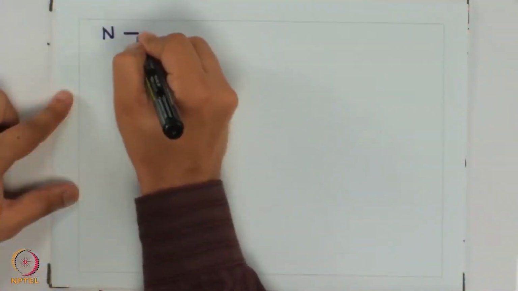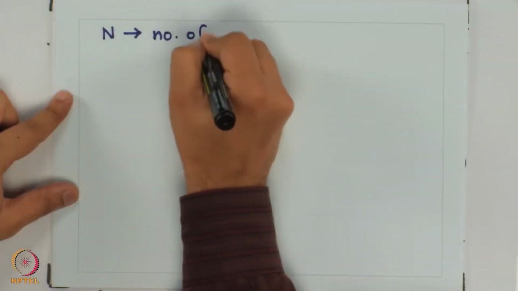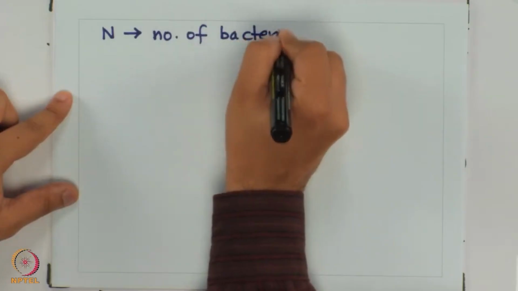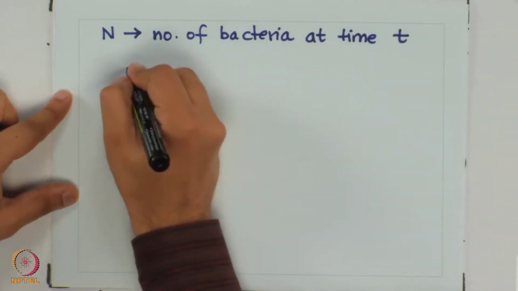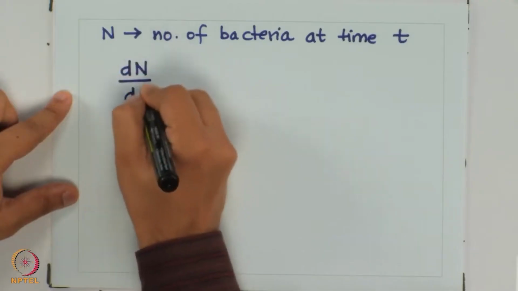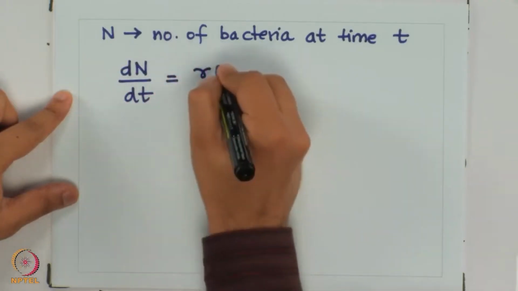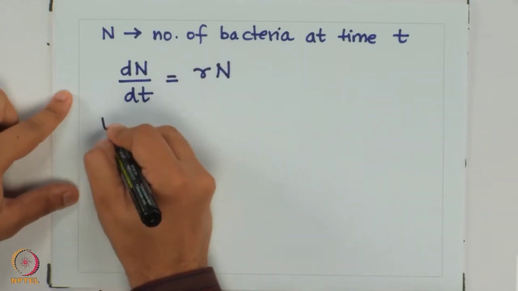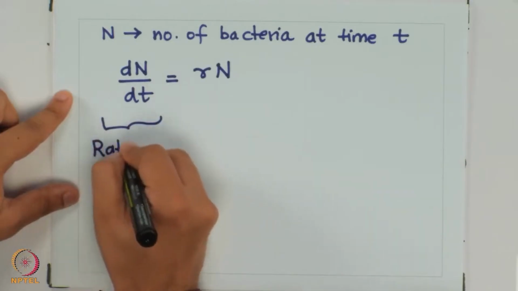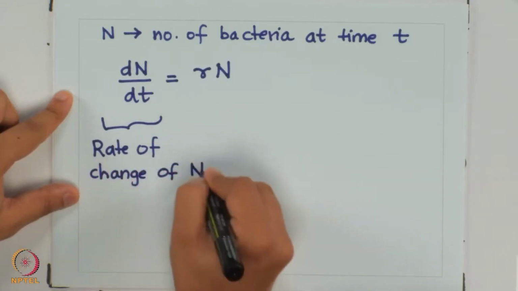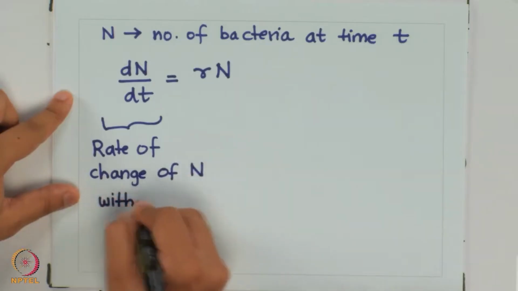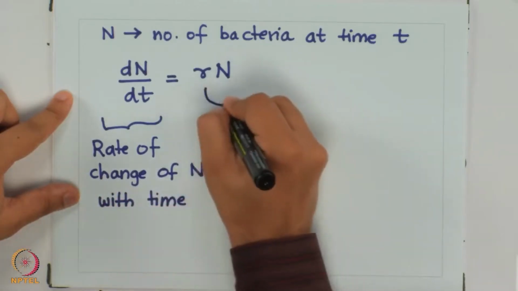And to do that, we'll use differential calculus and we'll say if n is the number of bacteria at time t, dn by dt can simply be written as r times n, where dn by dt is the rate of change of n, which is the number of bacteria, with time, and r is the rate of growth.